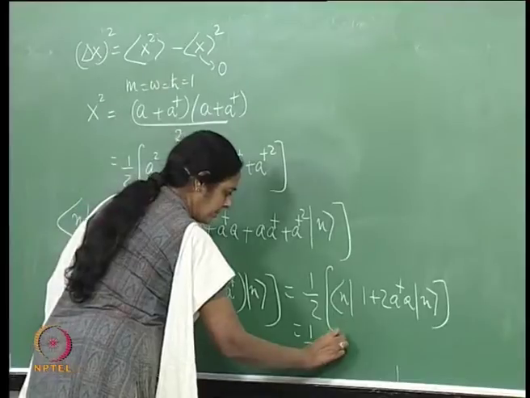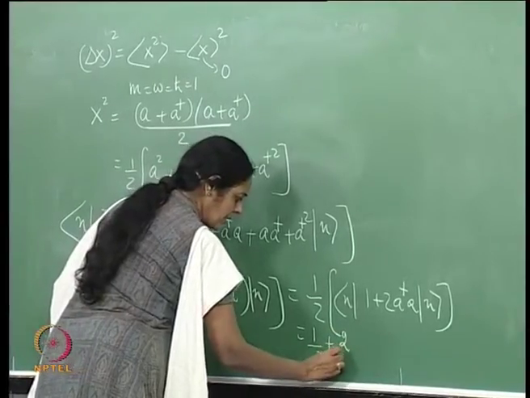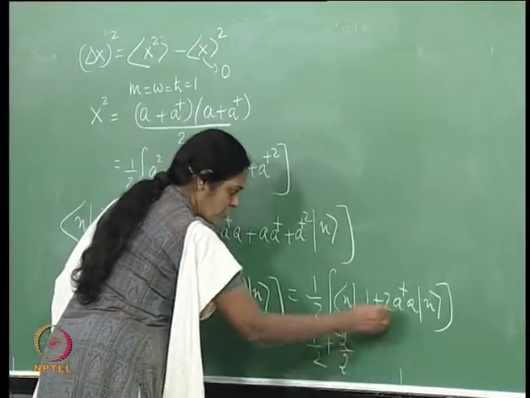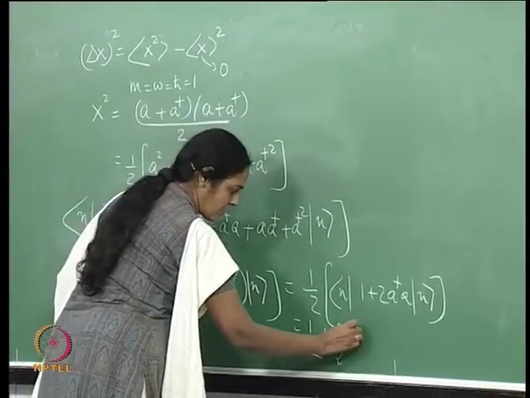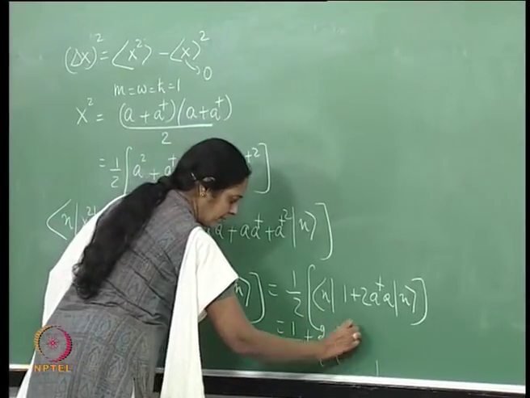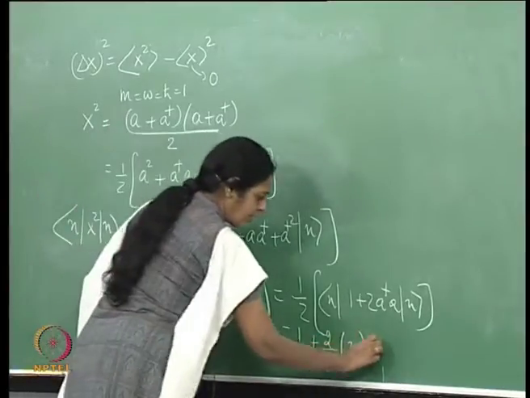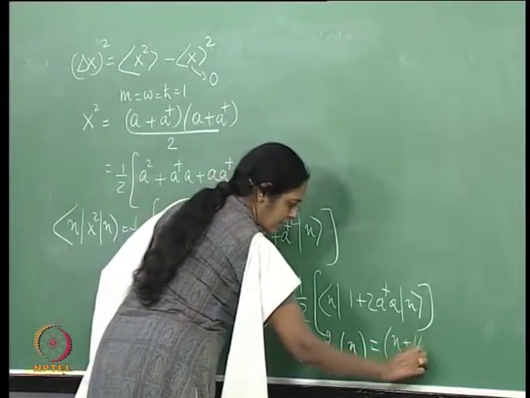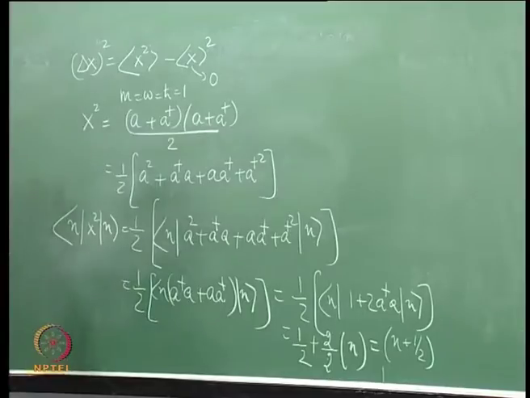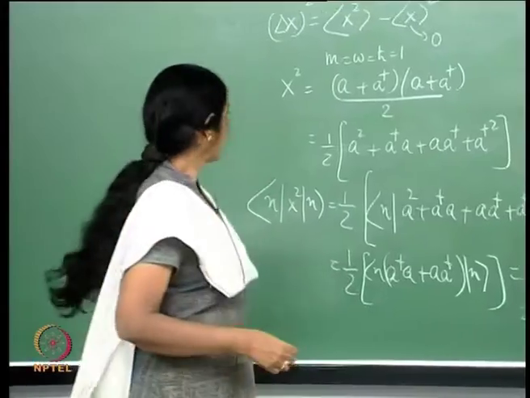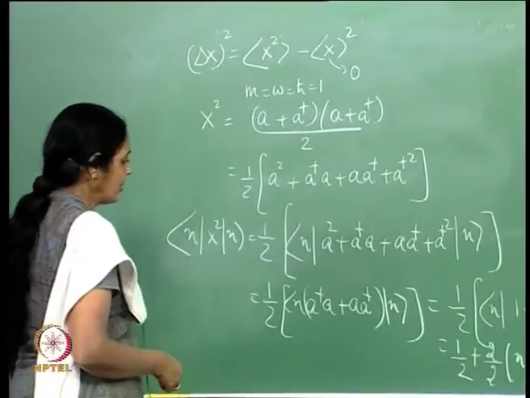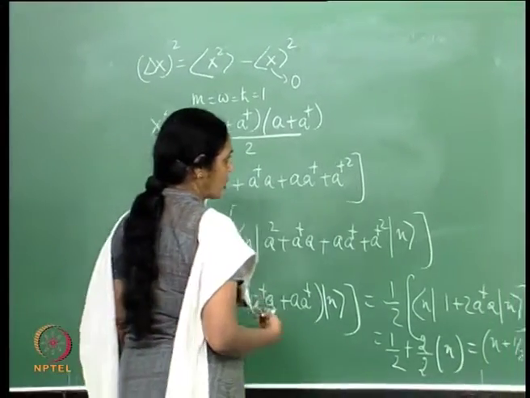The second term gives me, there was a 2 from here and a 2 from there, so that cancels out. It gives me n, and therefore, I get n plus half. So, delta x the whole squared is n plus half in the state n of the oscillator.